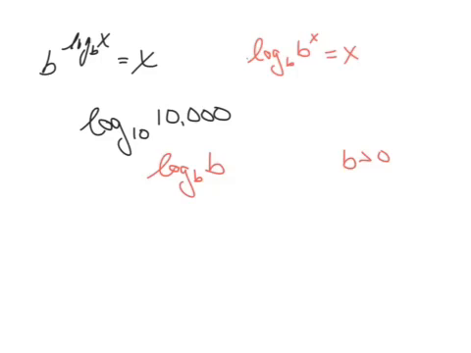Okay, so let's see what we've got here. What is the exponent on b? 1, right? Since there isn't one written, there is an exponent of 1. So we look back up here, and when our b's are the same, the exponent is the answer.